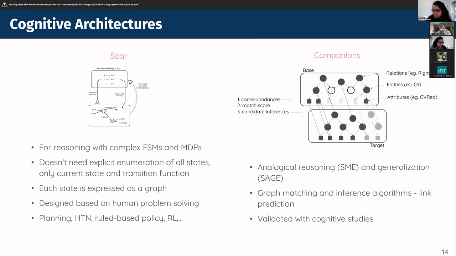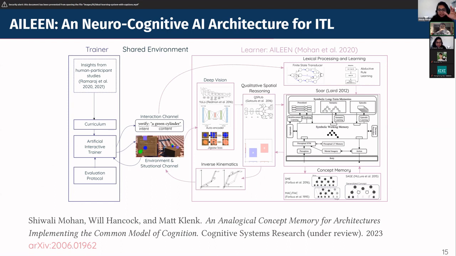So what we did for AILEEN was bring these two cognitive architecture theories together and combine them with modern methods for computer vision and inverse kinematics for robotic control, to build an end-to-end system that can go from vision and language and then do the entire reasoning chain.